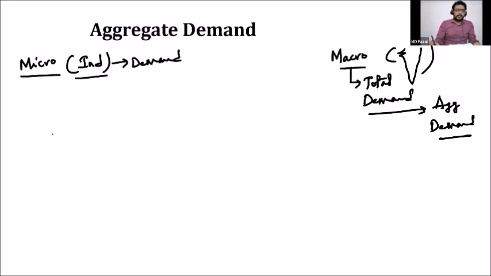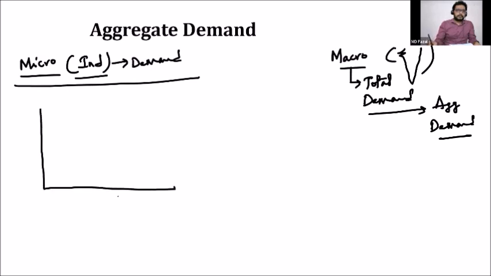Now I'll be simply talking about micro demand first. So let me draw the graph of micro demand. The graph of micro demand looks like this. On the x-axis, I'll be considering quantity. I'm talking here about demand. So in demand, who is demanding? Number of goods demanded by the consumers.